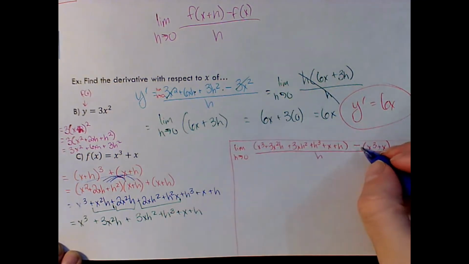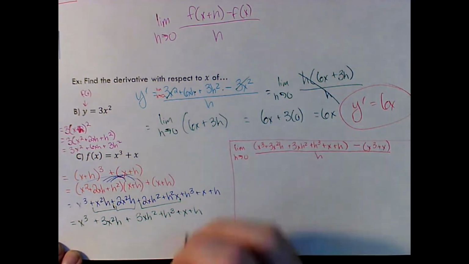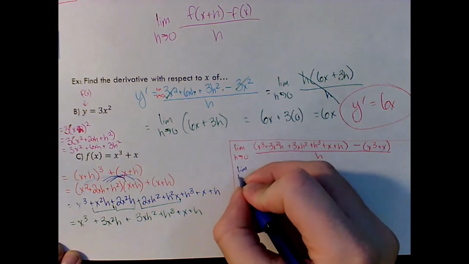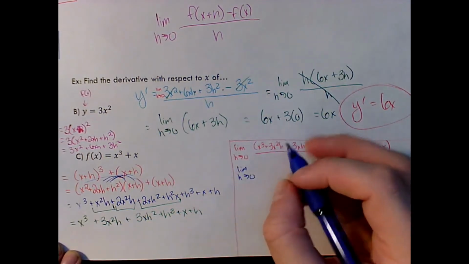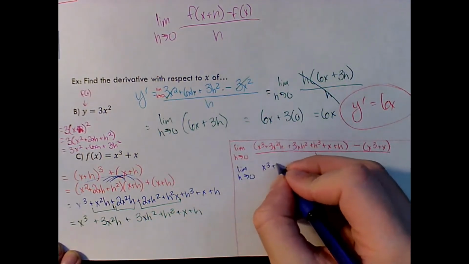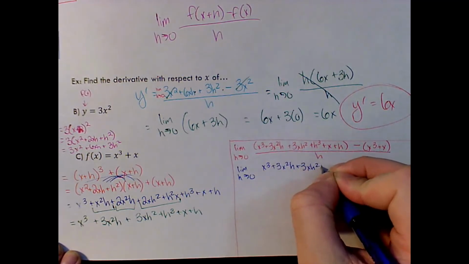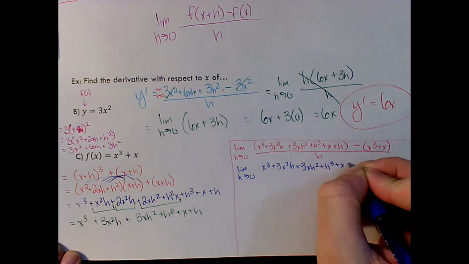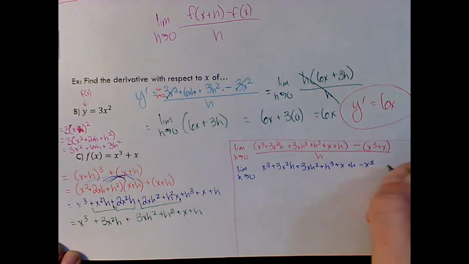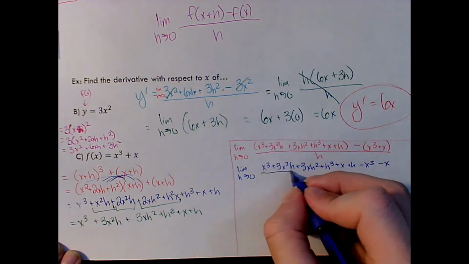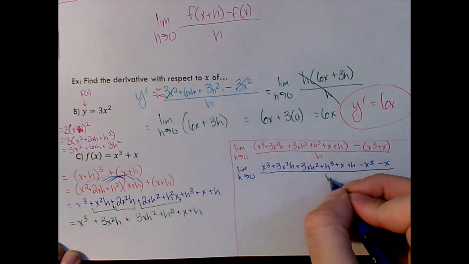First parentheses aren't useless. Second parentheses, I have to distribute the negatives, so I end up getting x cubed plus 3x squared h plus 3xh squared plus h cubed plus x minus x cubed minus x, over h.